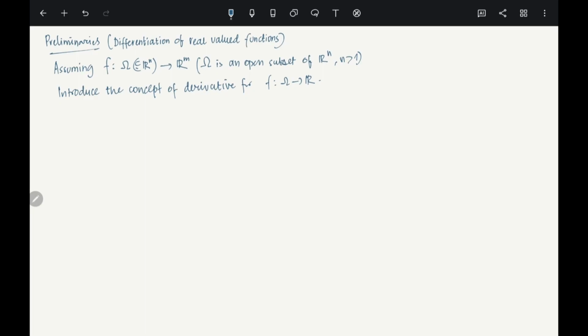Now please bear in mind that I am assuming you already know these concepts, but this is kind of a revision in case you have some gaps in understanding. This will fill it up.